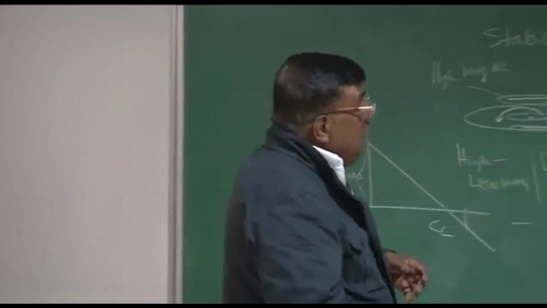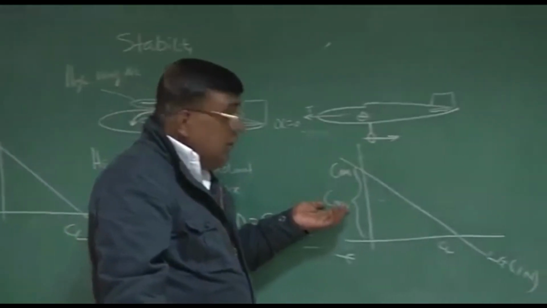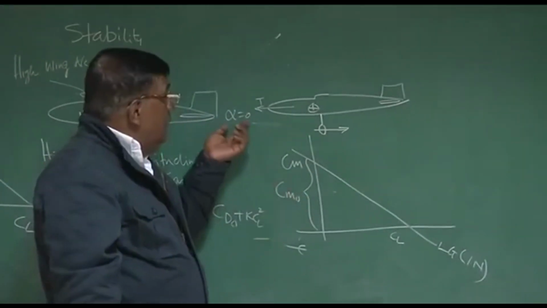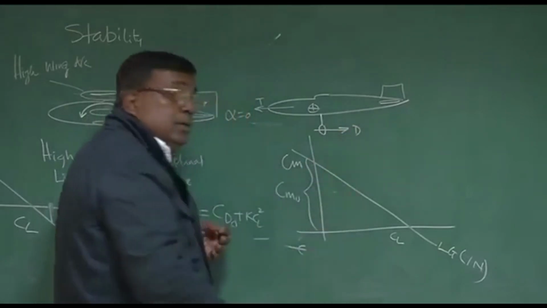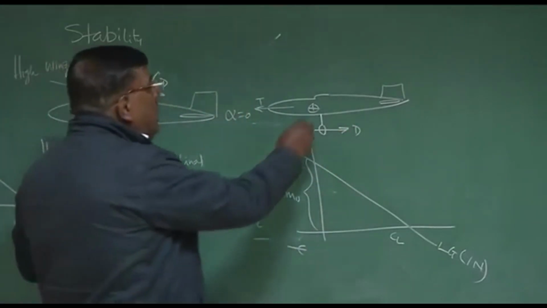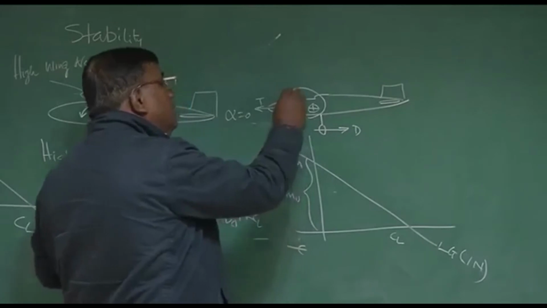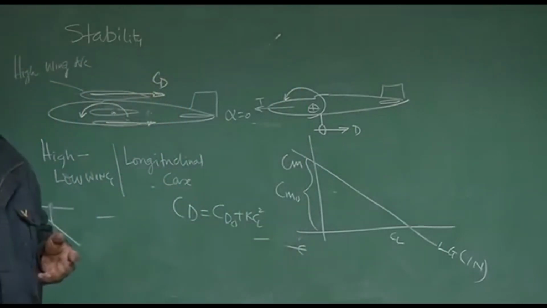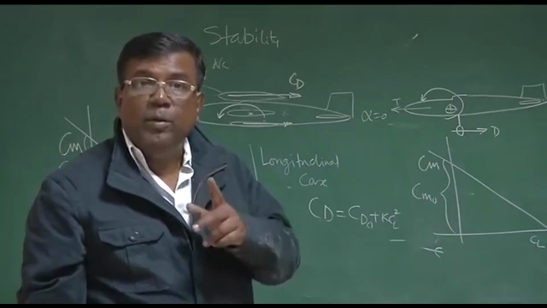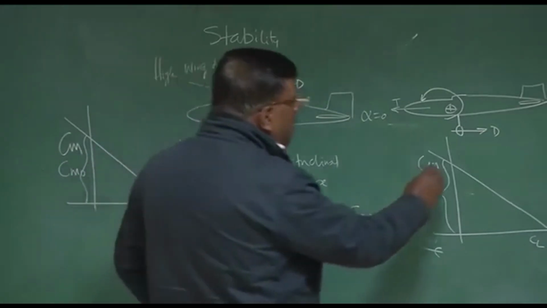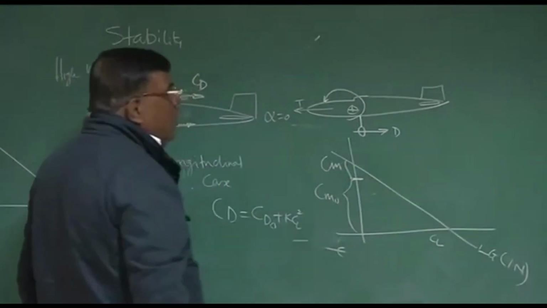So the best way to think is first check what will happen to Cm naught. See, at alpha equal to 0, this landing gear will experience a drag. This drag will produce a nose down moment, negative moment. So Cm naught will decrease. Is it clear? Everybody? So now Cm naught will come somewhere here.